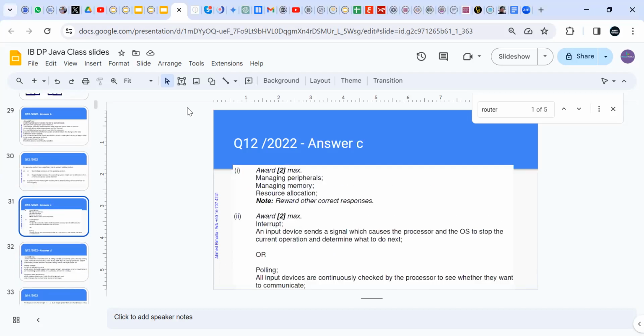So one of the functions that is used by the operating system, especially in a smart building, is that we manage peripherals and we manage the memory and we do the resource allocation. There is a lot of operation that is done in the memory, and the one that controls that is actually the operating system.